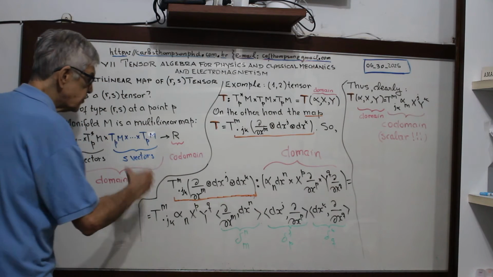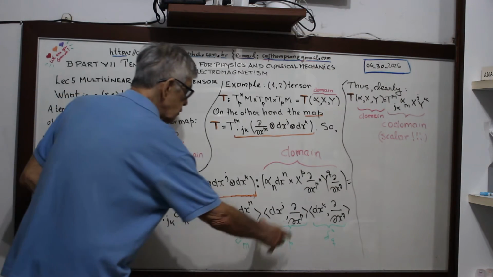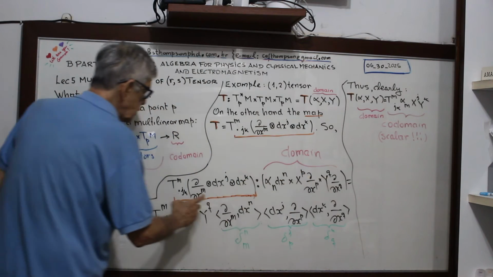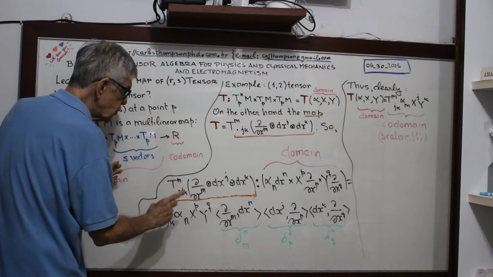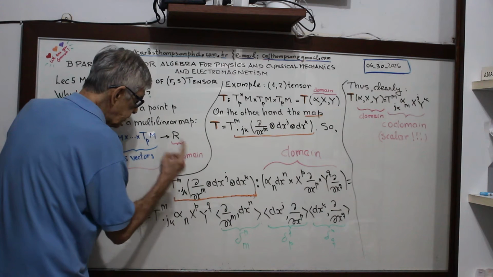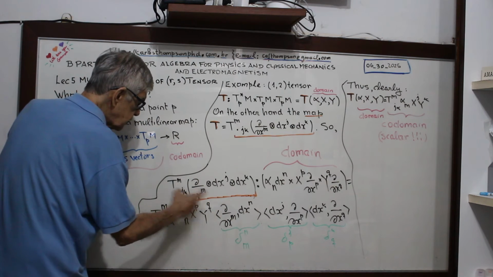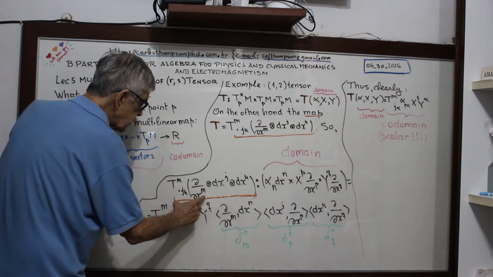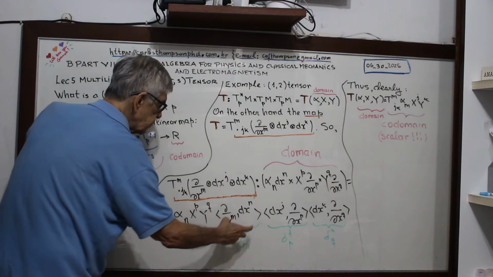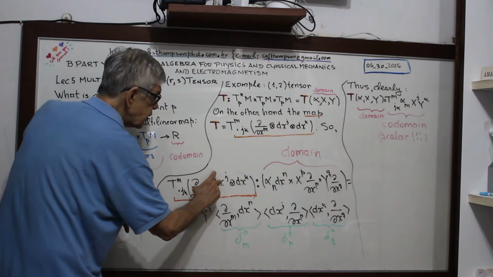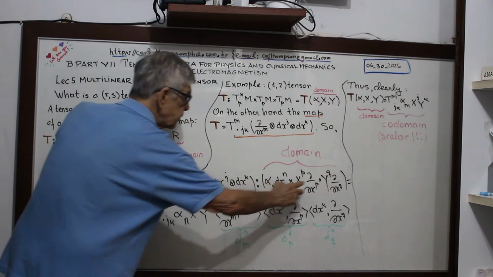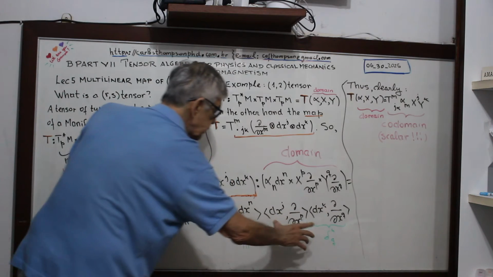So then let's expand this map applied to the domain. I'll choose in terms of slots. The first slot will be partial xm, as I said. This is the dxn over here. The second one is dxj, and partial xp is over there. dxk and partial xq are over there.